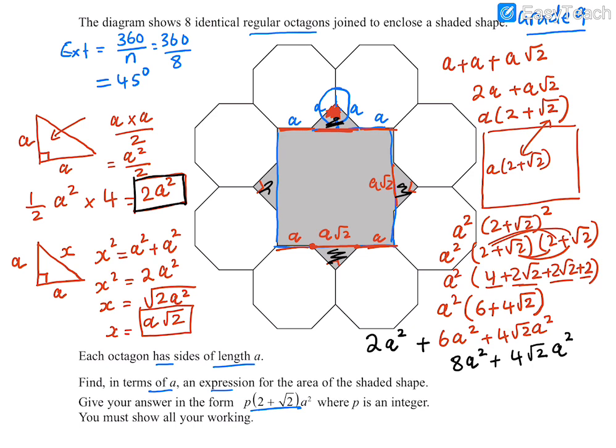Now if I take out 4 as a common factor and also A squared as a common factor, we're going to have just 2 over here, because 4 times 2 times A squared is 8A squared, and then 4 times 1 is 4, so only root 2 will go over here. So now you can see that our result is exactly the same as what they wanted in that question.